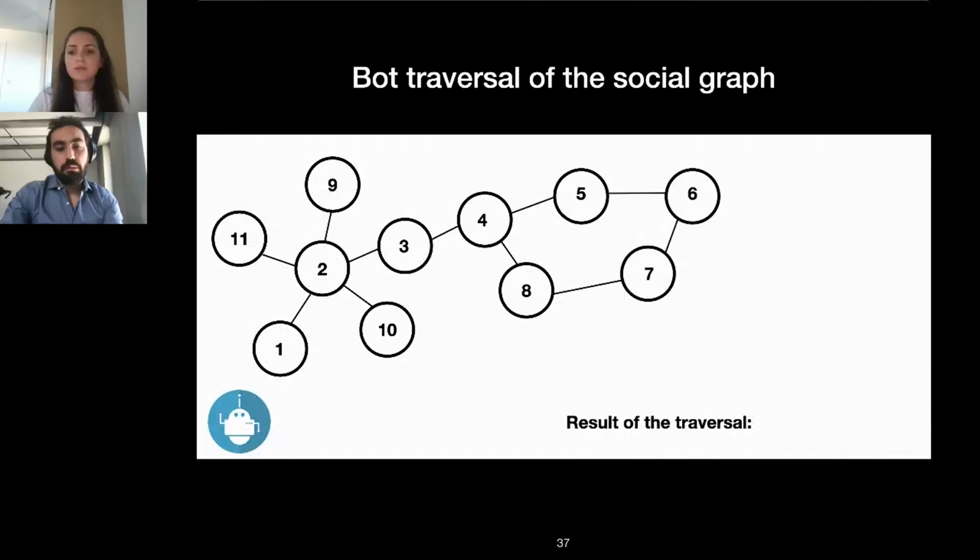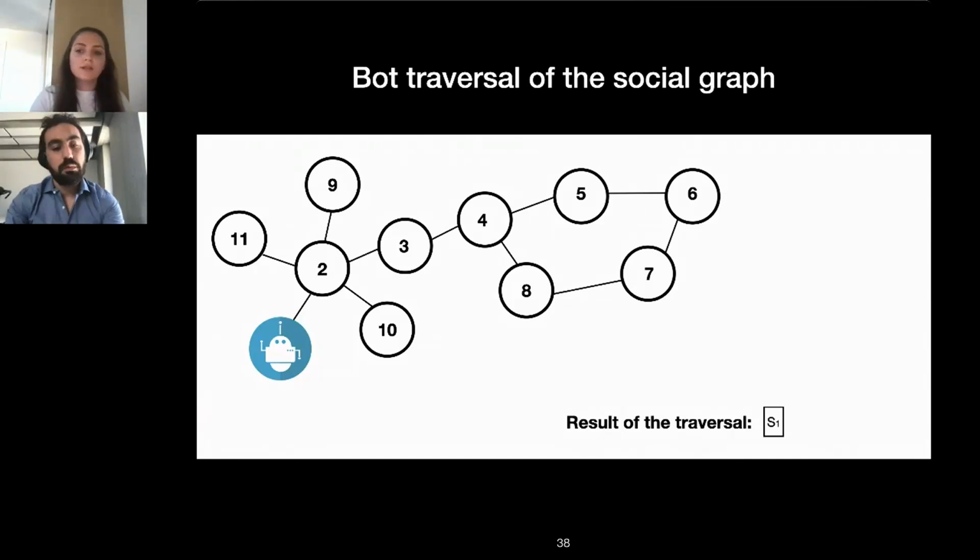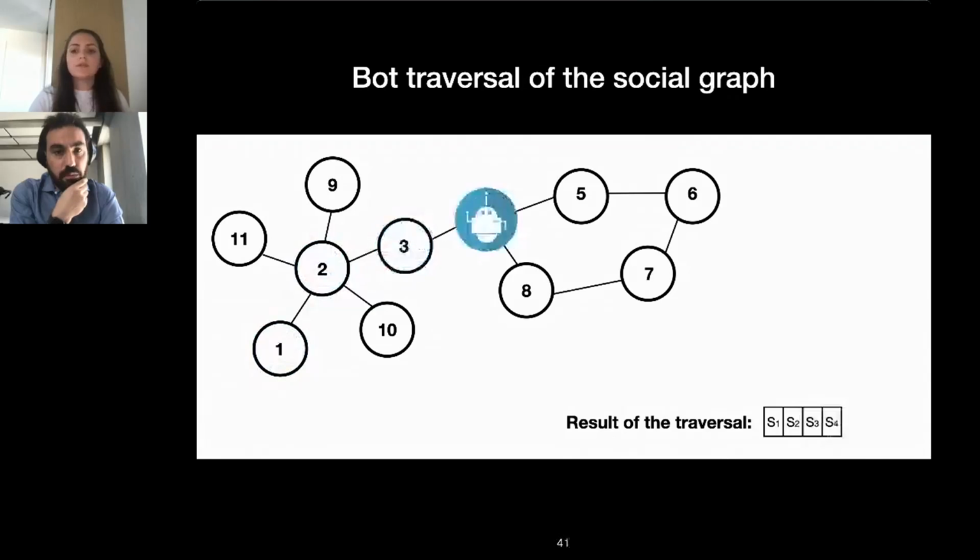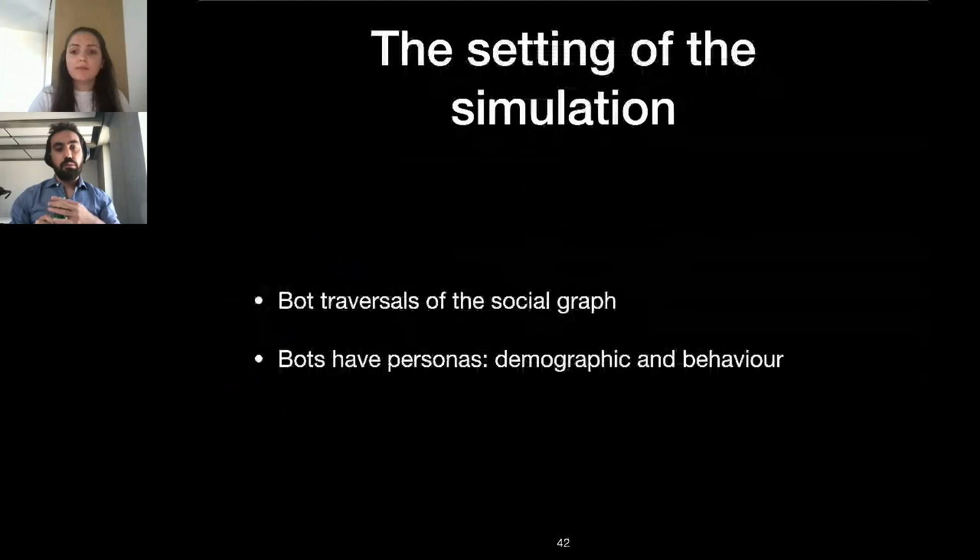To explain what traversing the social graph means, if a bot knows of the existence of one specific person, they can go and visit their profile, leaving the simulation in a specific state S1. They can look at their friends and decide who is the next person to visit, look at their friends, choose the next person to visit, and so on, and all that is specified by a persona. So bots have personas. Personas capture the demographic of the bot and the behavior that this bot is presenting.